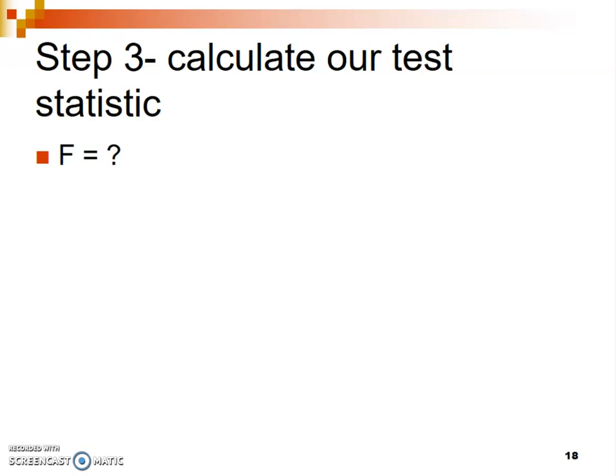So in step 3, our main goal is to find our F ratio. Again, I told you that in this example I'm just going to use SPSS output to help you walk through the hypothesis test procedure. So I'm not going to even teach you how to calculate F by hand in this chapter. Instead, we're just going to locate it within our output from SPSS.